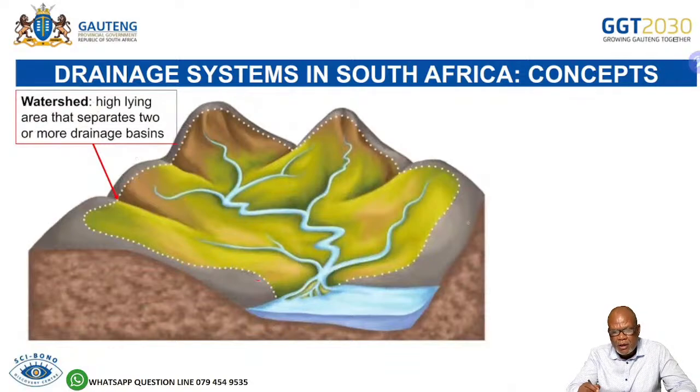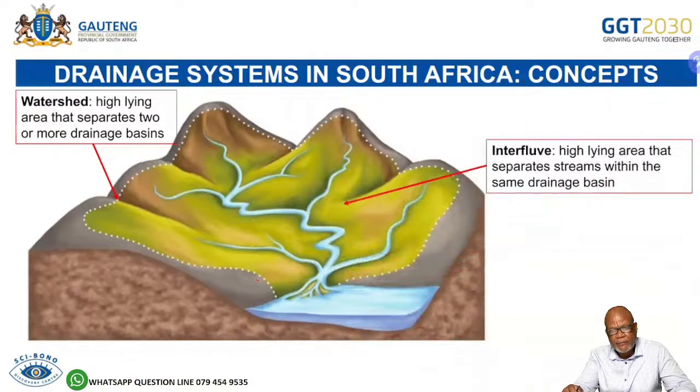This over here is an area drained by the river system. It is called a drainage basin. It is separated from any other place by this high-lying area. This drainage basin is an area drained by the river system, and we have already defined what a river system is.